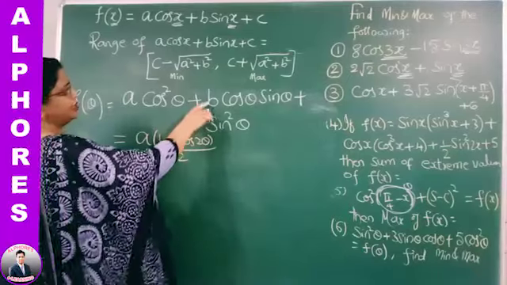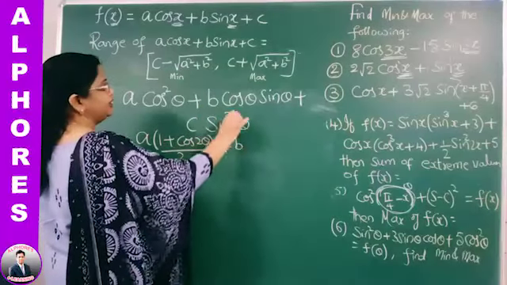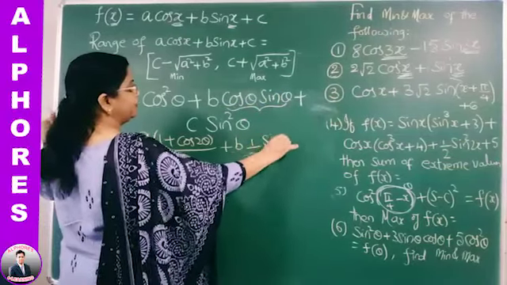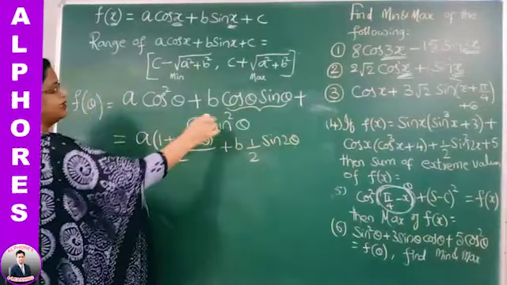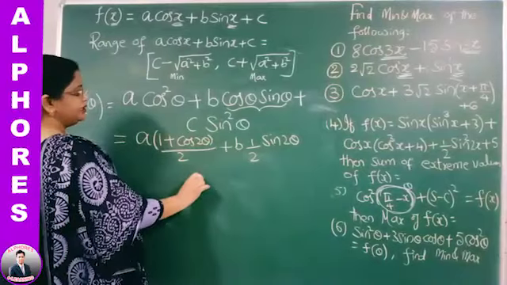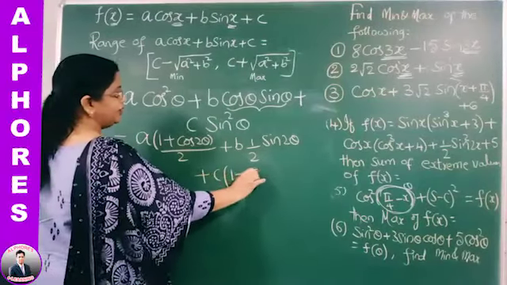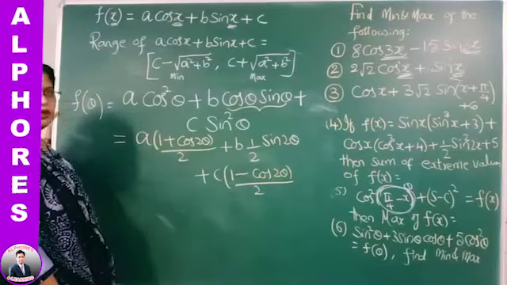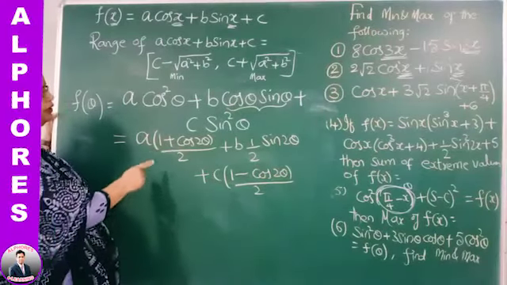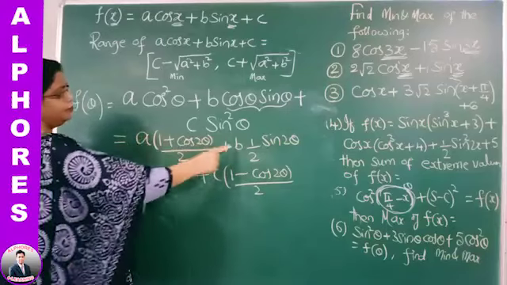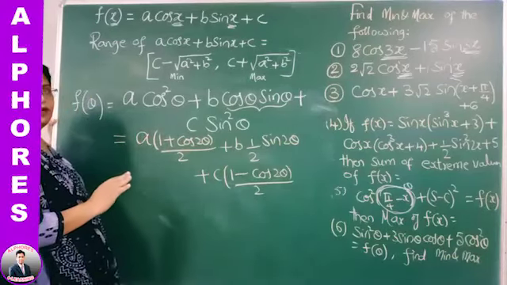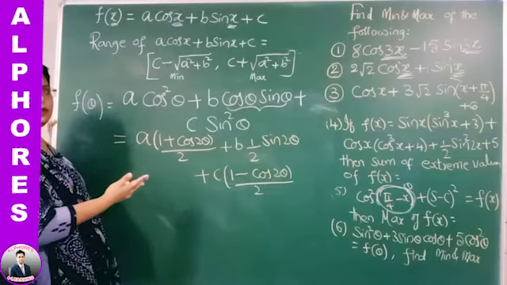And next b, you know the formula, it is half sin 2 theta. And next c sin square, that is c into 1 minus cos 2 theta whole divided by 2. Now students, you can observe you got a by 2 plus b by 2 plus c by 2, that is a plus b plus c by 2, and the entire thing is your constant term.